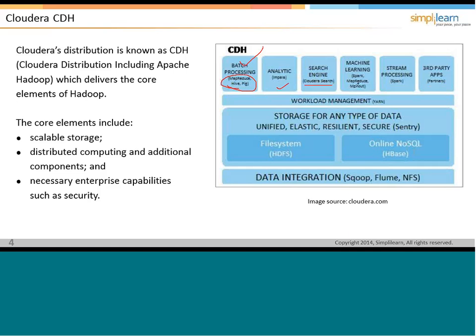There is Cloudera Search. There is Spark and Mahout. And then you have HDFS, HBase, Yarn, Sqoop, Flume. These are the components which come as part of Cloudera Distribution of Hadoop. So when you install CDH, all these components are automatically embedded.